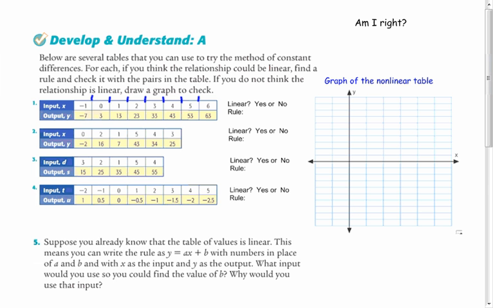And the outputs, if I do 3 minus negative 7, I get 10. 13 minus 3 is 10. 23 minus 13 is 10. And 10 and 10 and 10. So we see that there is a constant difference in both the input and output. So our guess is that that is going to be a linear relationship.